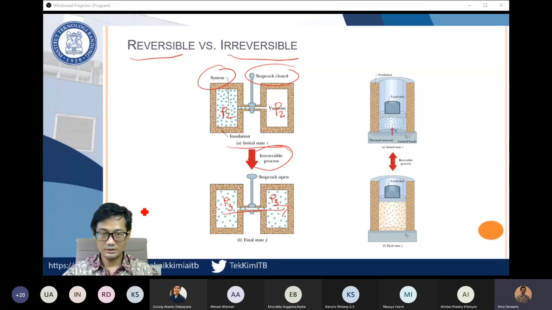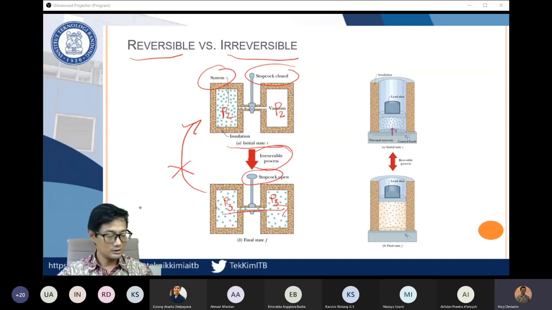Why is this one irreversible? Because if you close this stopcock, the final state will not be the same as the initial one. You cannot reverse this condition.